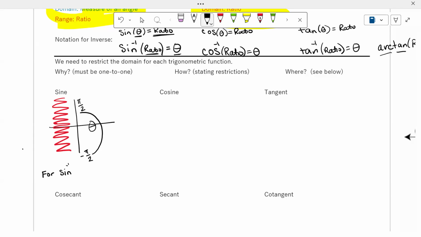For the inverse sine, the ratio goes from -1 to 1, and the angle goes from -pi over 2 to +pi over 2. Okay. Now let's look at cosine.